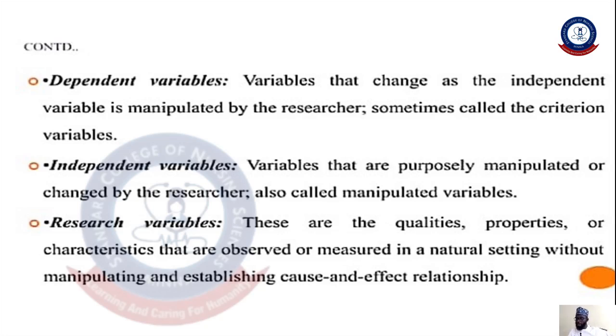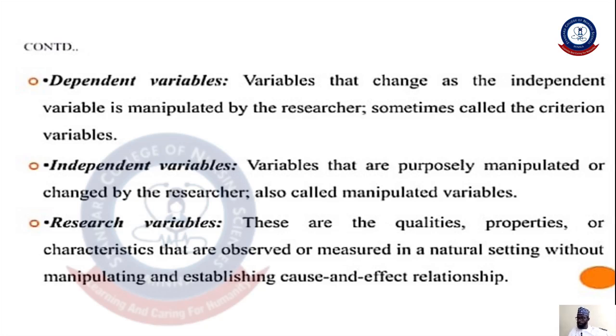Then the independent variables, these are variables that are purposely manipulated or changed by the researcher, or it is also called manipulated variables. And we have research variables. These are the qualities, the properties, or characteristics that are observed or measured in a natural setting without manipulating and establishing cause and effect relationship.